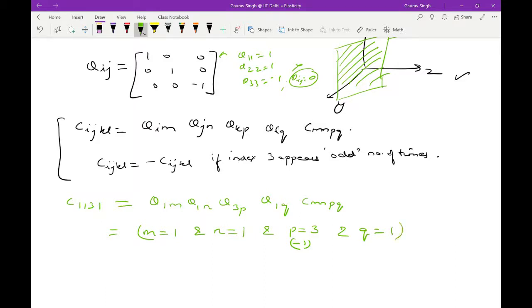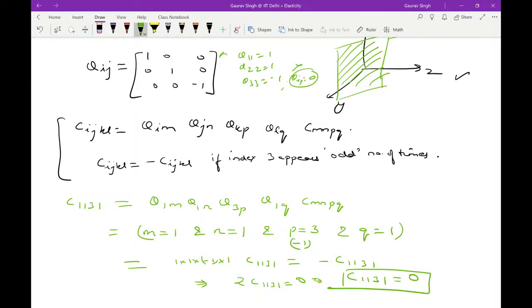This would imply that you will have 1 into 1 into minus 1 into 1 into C1131. This would give you minus C1131. Now if you take C1131 on the other side, 2C1131 is equal to 0. This implies that C1131 is equal to 0. So Cijkl is equal to minus Cijkl if index 3 appears an odd number of times.